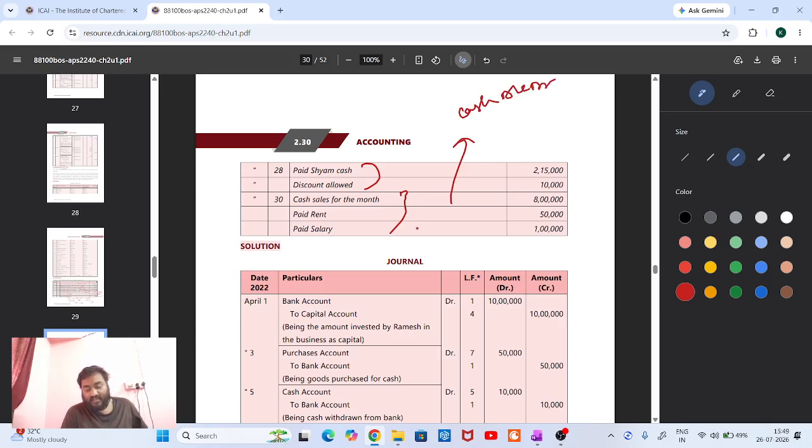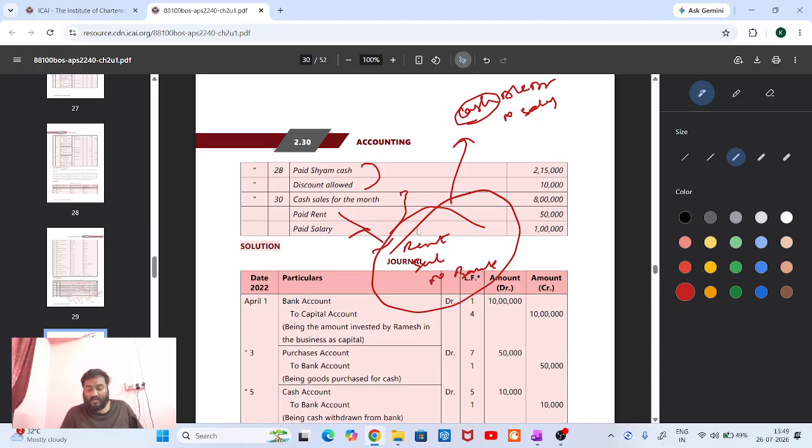So basically we are selling for cash. So our cash balance increases. Cash is an asset, cash is a debit balance. In order to increase an asset, we debit the cash to sales. Paid rent, paid salary. Rent is an expense, salary is an expense too. Or we individually pass the general entry also. We can also pass like this.